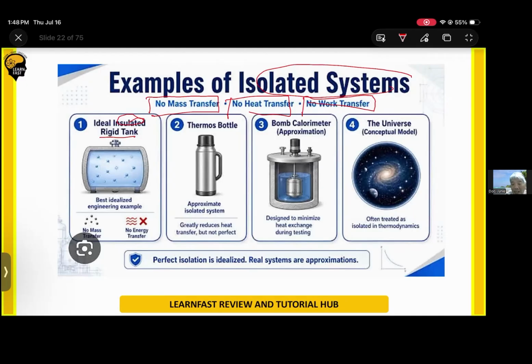That is why we said that convection, conduction, and radiation heat transfer are minimized in a thermos bottle. And the bomb calorimeter is a very useful procedure for knowing the specific heat of a certain material.